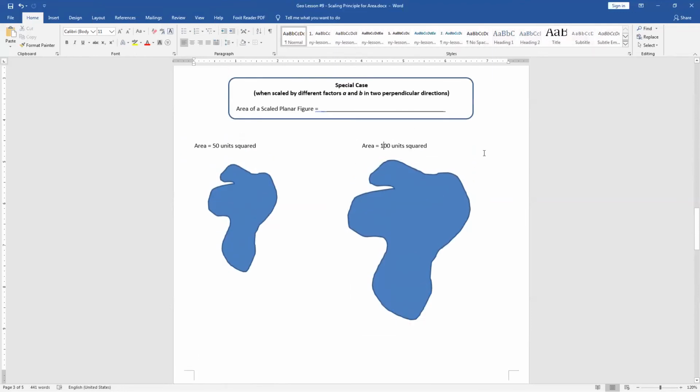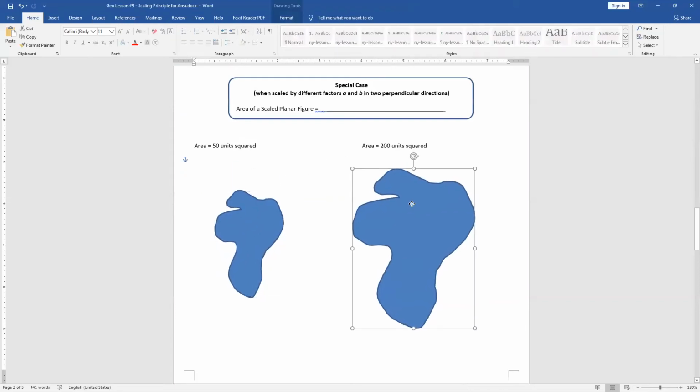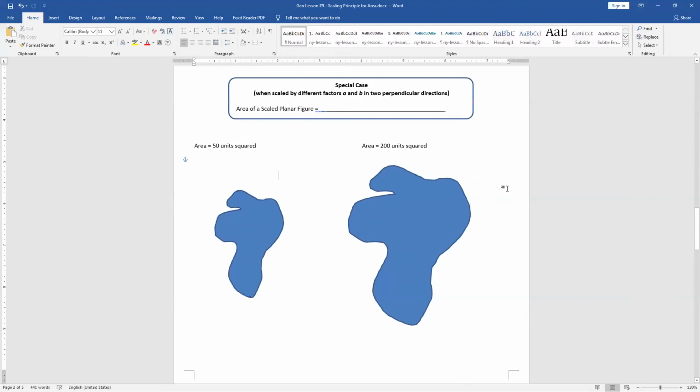So if I scale by a factor of 2 horizontally and vertically, the area is going to be 200 square units, right? Because our scale factor now is just 2. It's like a dilation. These are similar figures now. So I can just do 2 squared, or times 4 for the areas, to get 200.